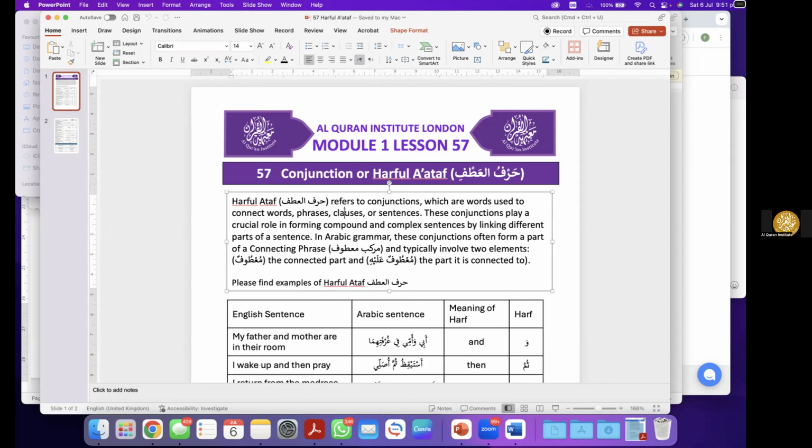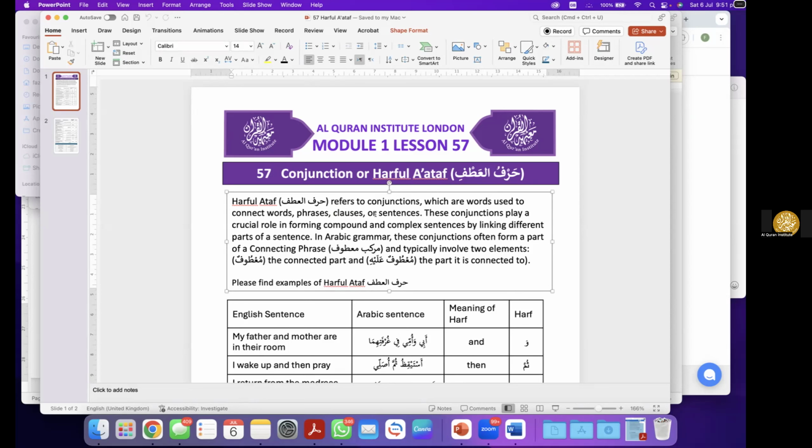And what is a clause? Again, it's a group of words, but within the clause there may be sentences. For example, relative pronoun: Allazi. You remember? Allazi is a relative pronoun, an ismul mawsul, and with the relative pronoun there is a relative clause.